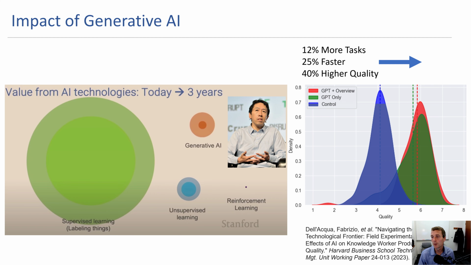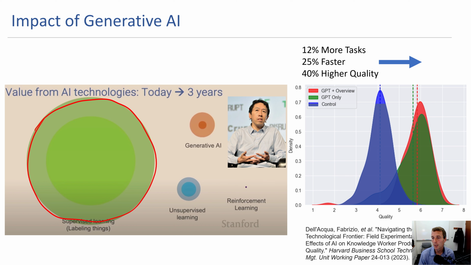Okay, so there's also Andrew Ng. He gave a presentation at Stanford and mentioned that supervised learning is going to continue to be kind of the largest value from AI, where you have labels, you train these classifiers or regression models, and then apply those to make decisions.